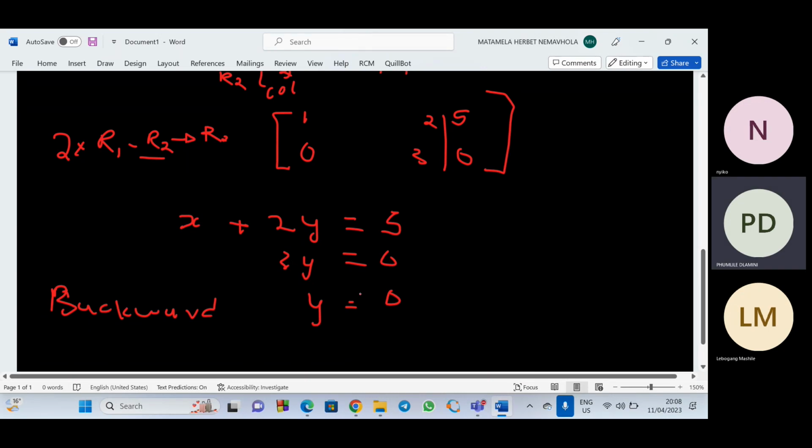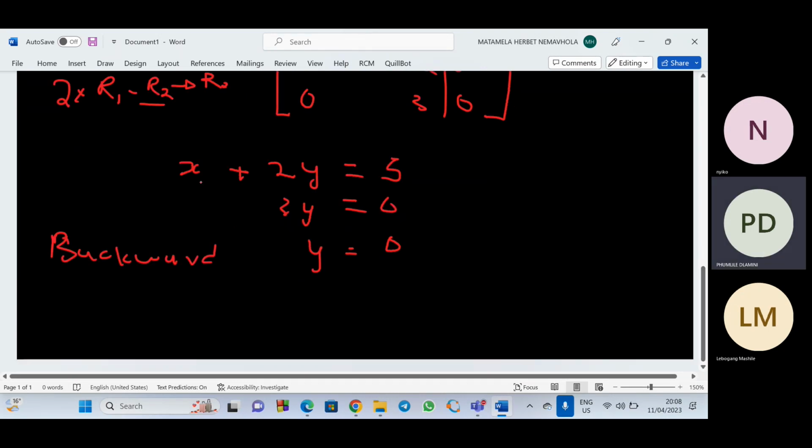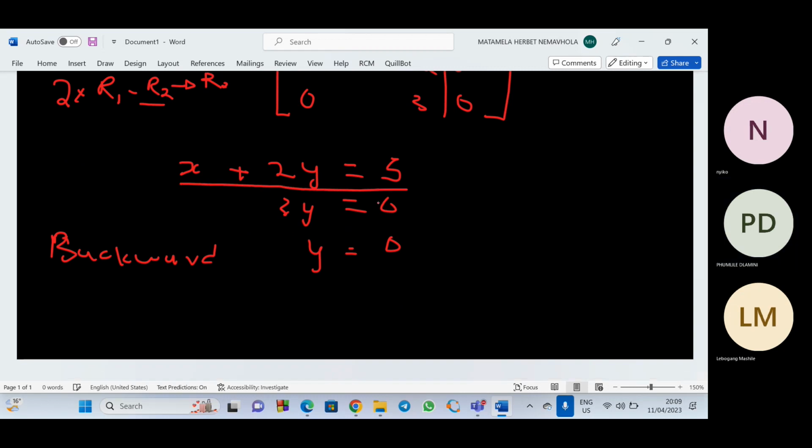Then when we get y equals 0, we substitute back into the equation x plus 2y equals 5, whereby we get x plus 2 times 0 equals 5. This implies that x equals 5.